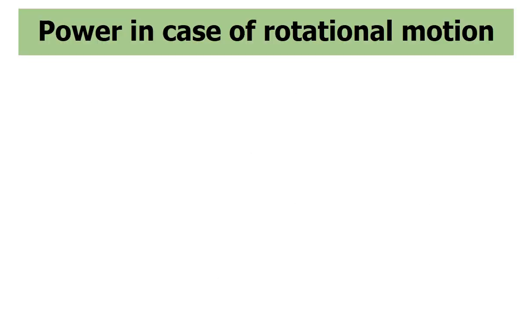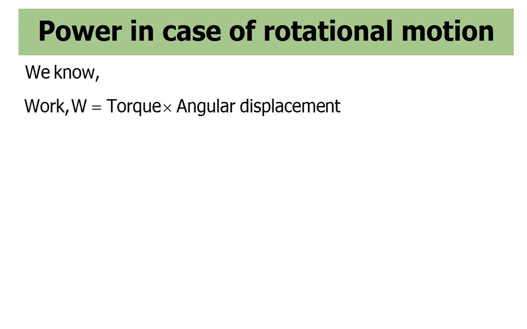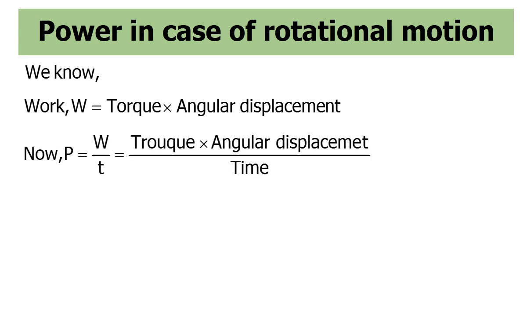Now the power in case of rotational motion. We know work done equals the torque and the angular displacement. And again we know power P equals W by T. If we put the value of work, which is torque into angular displacement, in the equation, then we can write torque into angular displacement divided by time.